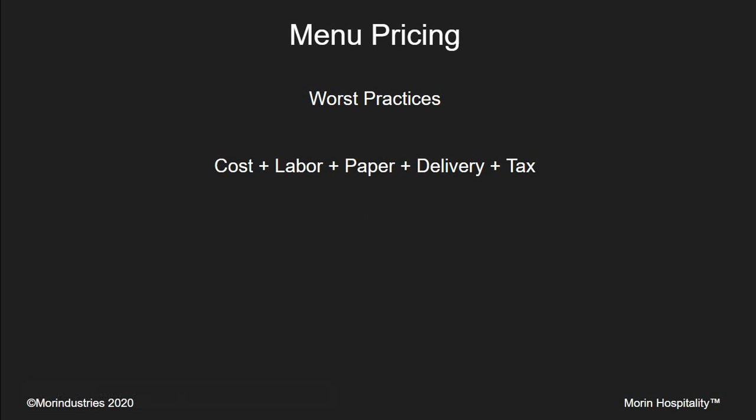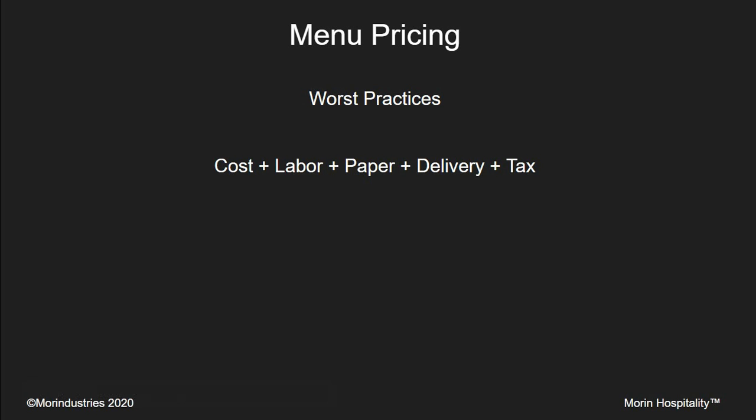I've seen caterers that take the cost of the food and they list it on the banquet event order or the contract or the quote, the cost. So if you go to the store as the caterer and you pay for food that you're going to sell to the client, you put the cost of the receipt of the food on the menu, or you're roughly predicting what it is.